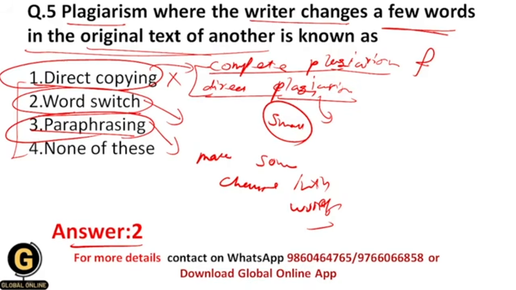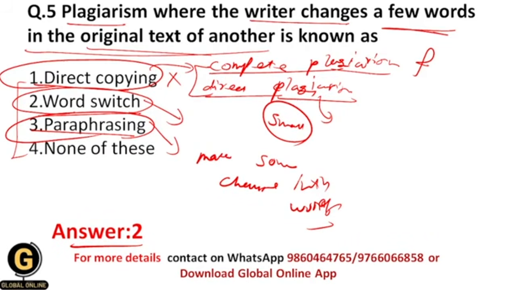So within paraphrasing we change phrases or words in our own language, but the idea is someone else's, all of you getting, and we are saying that it's our own idea. So this is called paraphrasing.